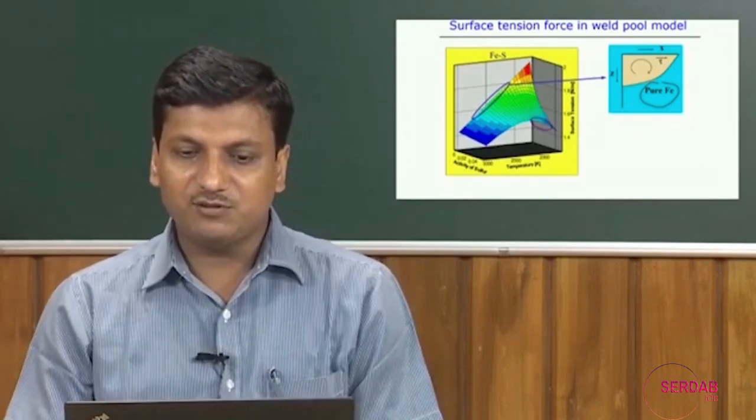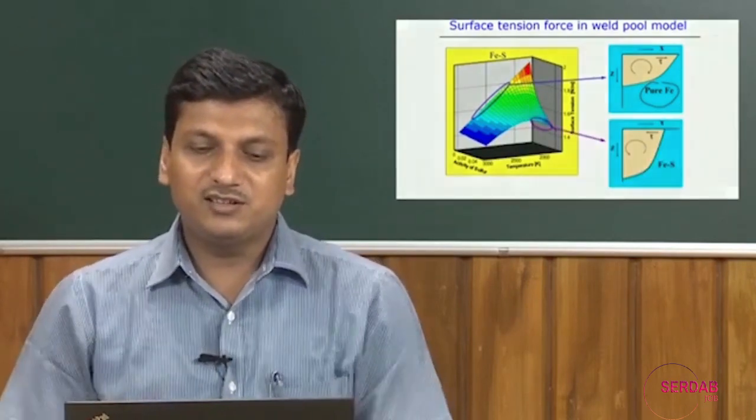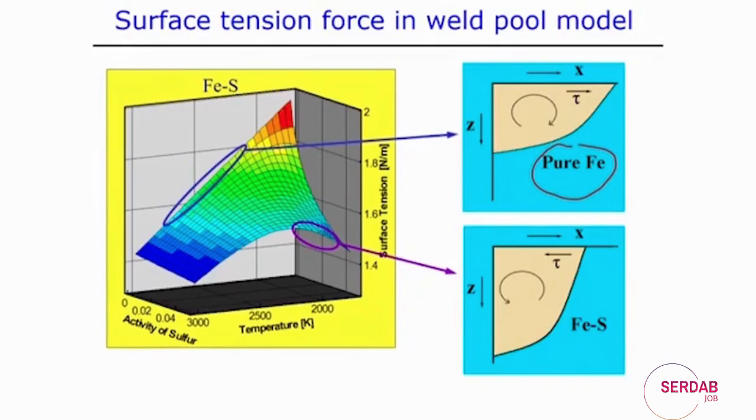But in the other case, the metal has a considerable amount of surface active elements. It is a binary system, the FeS system, where the metal has a considerable amount of surface active elements and achieves a certain temperature. In this case the shear stress, which is the viscosity times the velocity gradient, is not acting in the outward direction but in the inward direction.